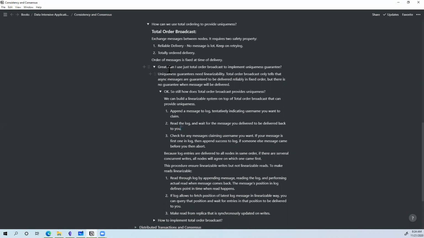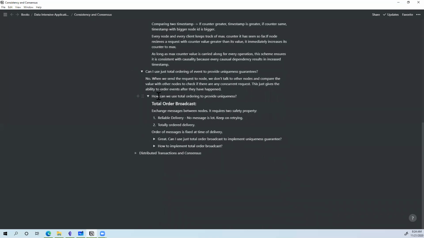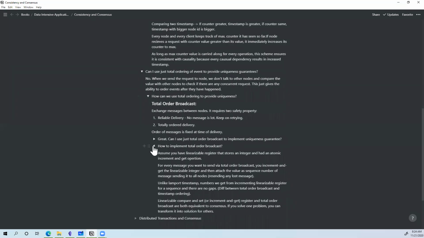So now there was one brief explanation of how we can implement this total order broadcast, but the assumption is that we have a linearizable system. So if we already have a linearizable system, how can we implement total order broadcast? If we have a linearizable system, then it's easier, right?